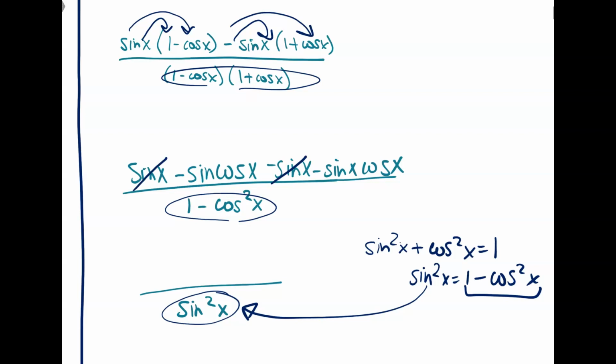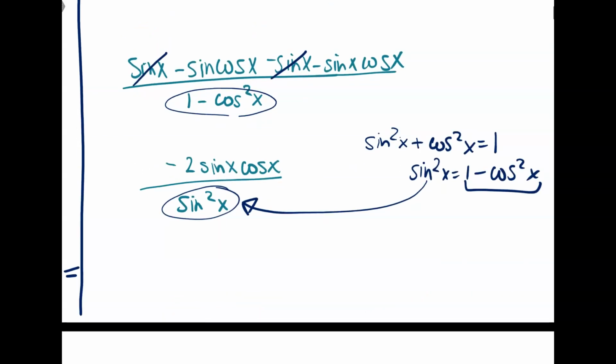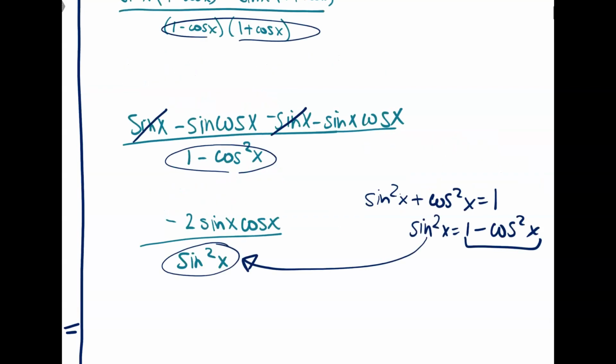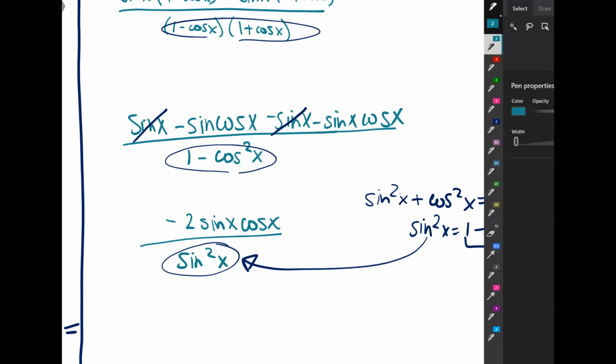And on the top, I'll be left with negative 2 sine x cosine x. Okay, so if you're done writing, think for a couple seconds. What would be the next step? What do you think the next logical step would be? As soon as you come up with an answer, turn to the partner next to you, and let's see if you agree.